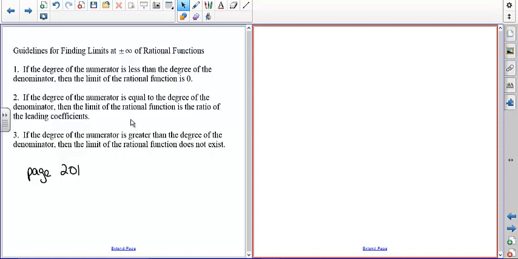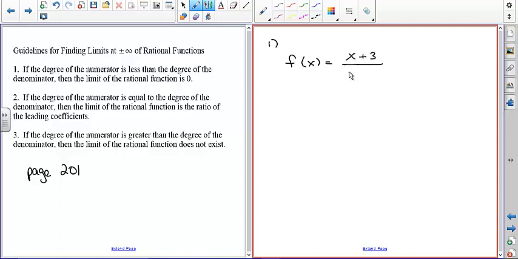In the first case, number 1, if f of x was something like x plus 3 divided by x squared minus 1. So the degree of the numerator, which is the top, is 1. If you don't have an exponent, it's 1.